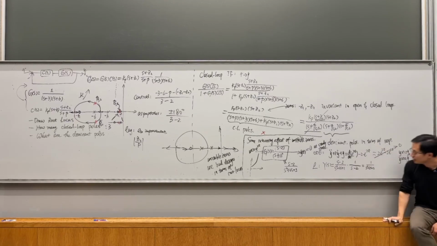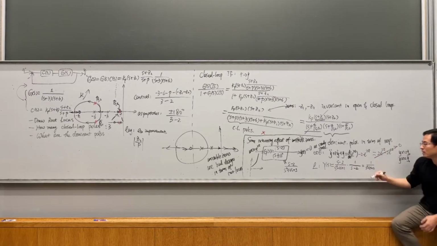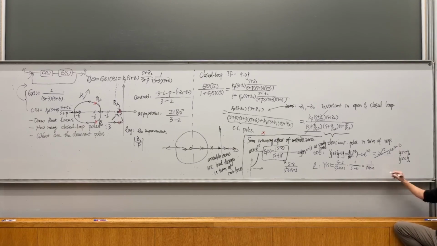And what is the inverse Laplace transform of something like this? You can look it up. I'll just give you the hint. Inverse Laplace of 1 over s plus 1 is e^{-t}, and if you have a square of that, it's going to be t e^{-t}. Whatever it is, it's going to be 0 in the end.